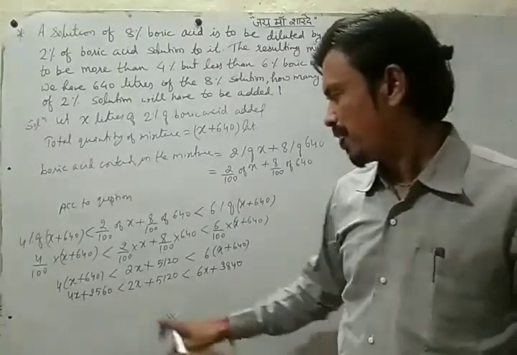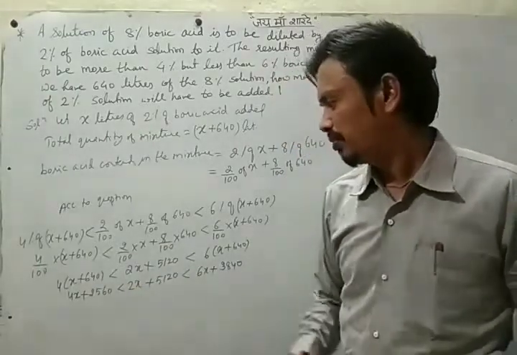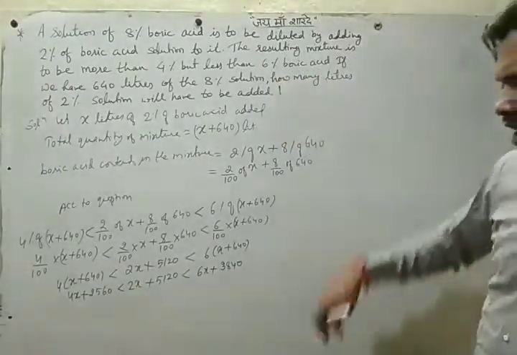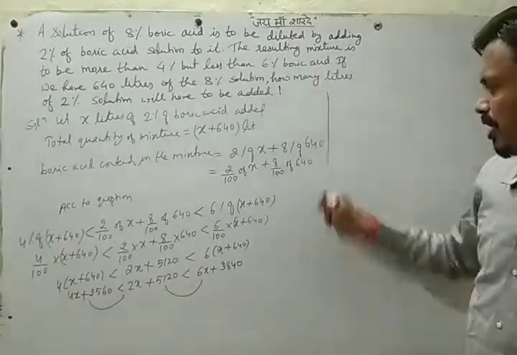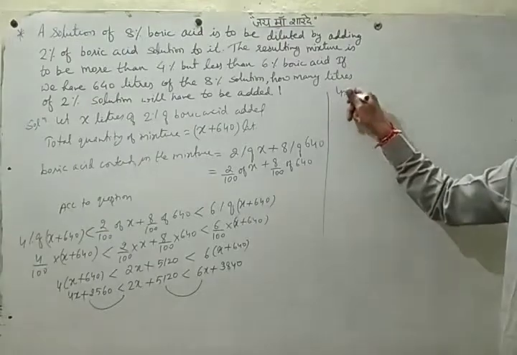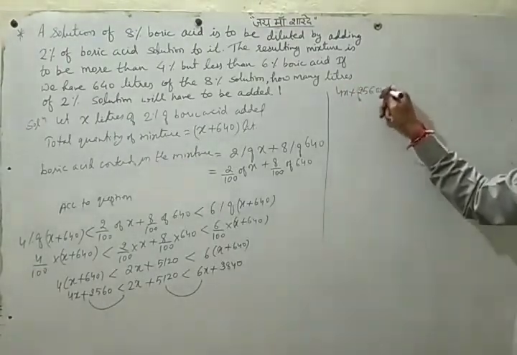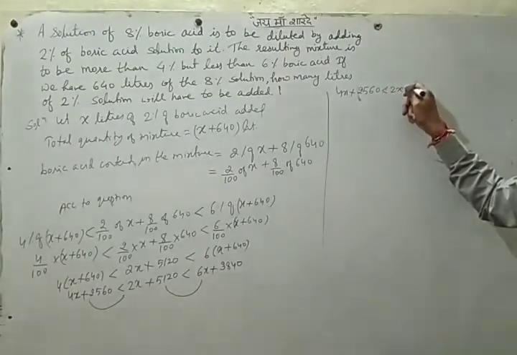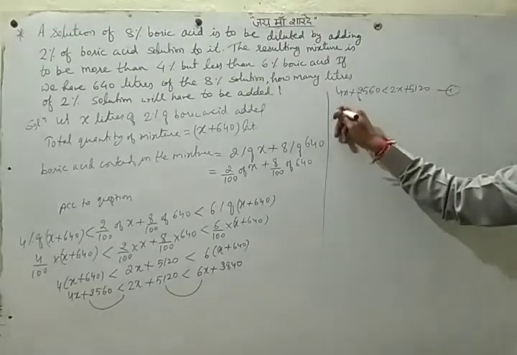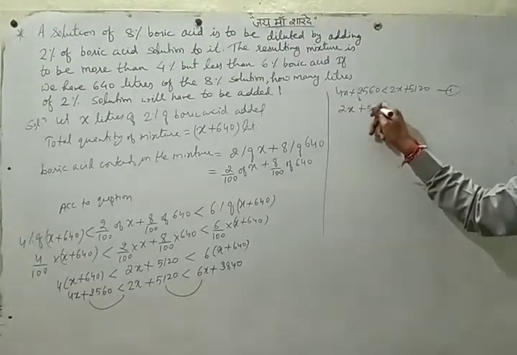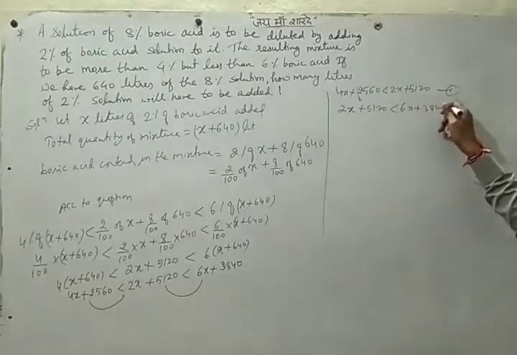Okay, now 2x and 5120, we subtract from each, or you can take one equation from here. So this can be written 4x plus 2560 less than 2x plus 5120. Okay, one condition, and 2x plus 5120 less than 6x plus 3840.